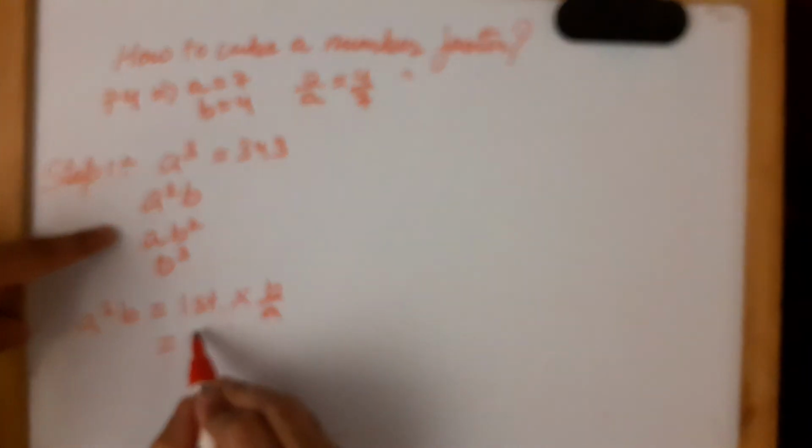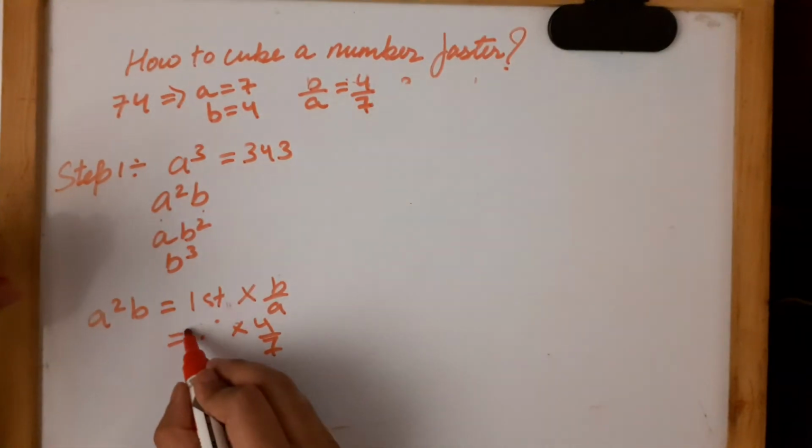The first term is 7 multiplied by 4 by 7. This is the first term, a cube, 343.